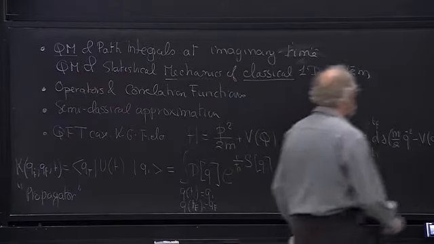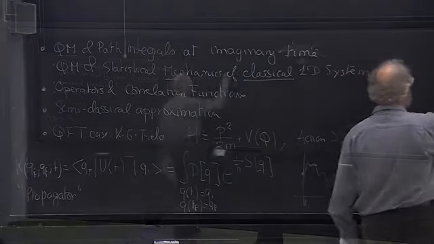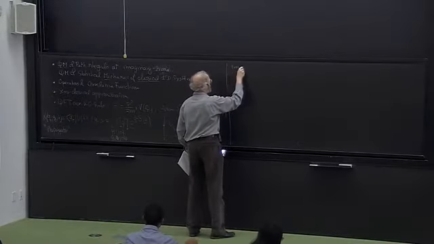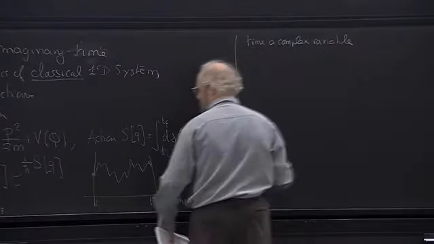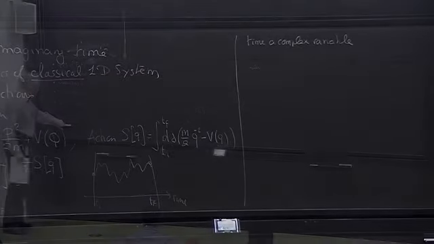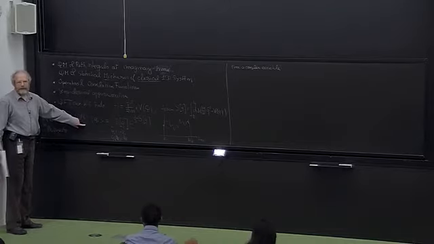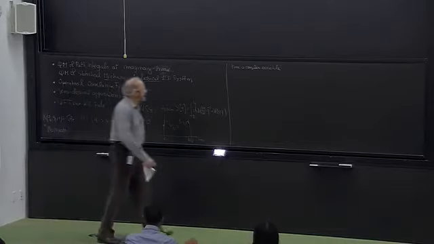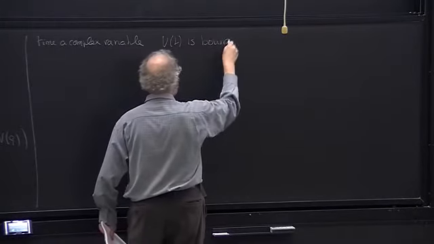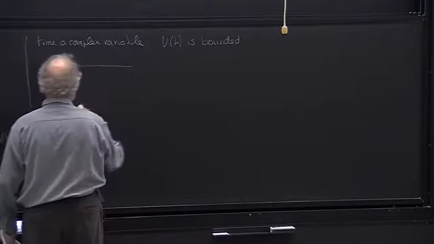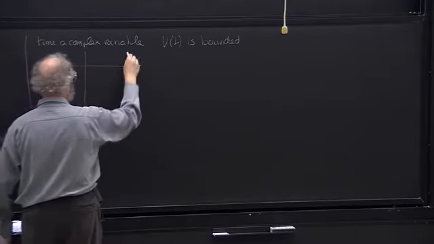So this was the first thing, and we have seen that if you consider now that time is complex, so we are discussing the mathematical properties of the evolution operator when time is considered as a complex variable, we have seen that U of t is a bounded operator in the lower half plane. This is real time, and this is imaginary time.